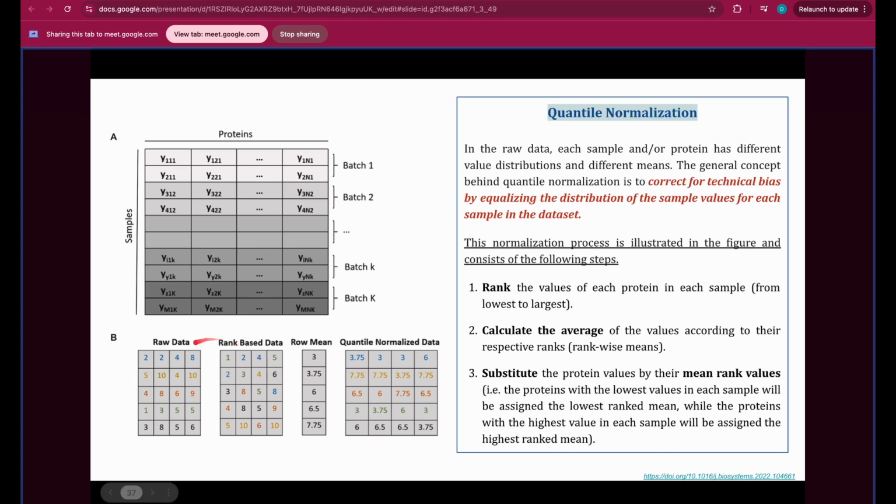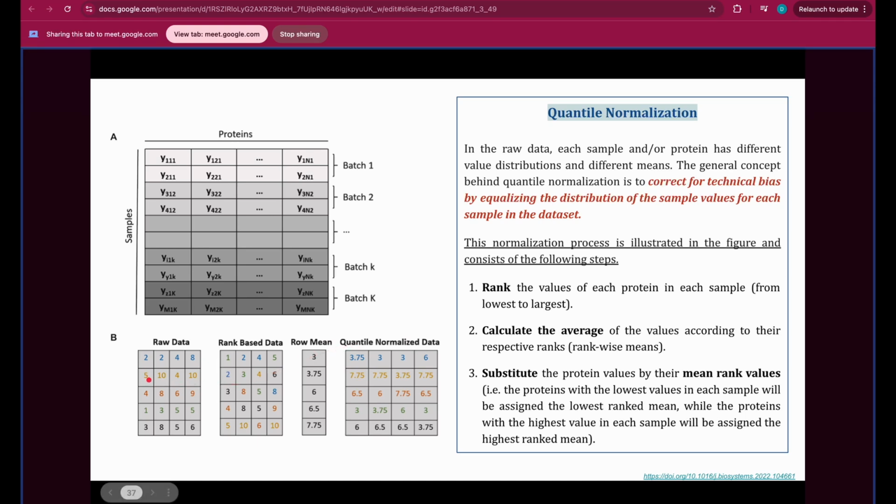So now we will replace the value 2 with 3.75, which is the rank row mean. Which means each value has some rank in the column. We will check that rank and we will replace the value with the mean of that rank. So this second rank has a mean of 3.75, so it is replaced with 3.75.